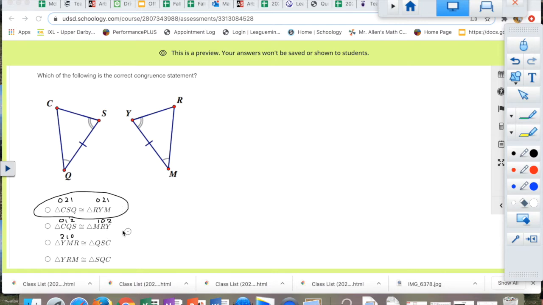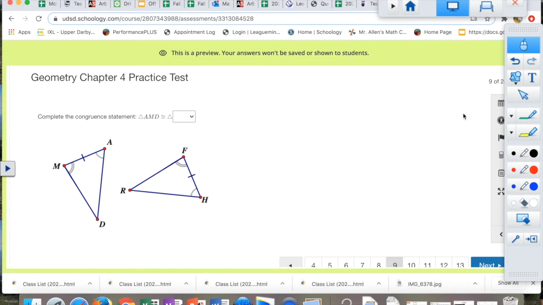QSC would be 1, 2, 0, so they're not in the same order. YRM, so we got 2, 0, 1, and SQC. SQC is 2, 1, 0, so they're not in the same order. The only one that was the first choice.